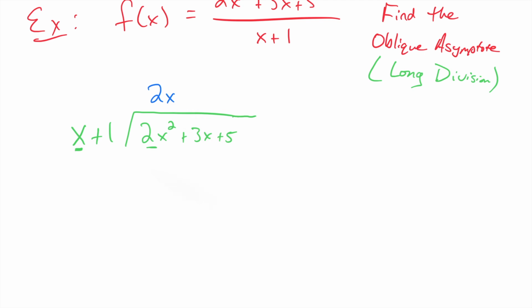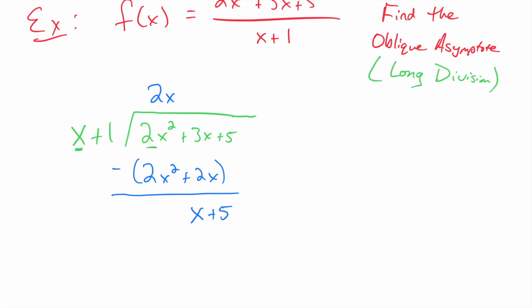So 2x times x is 2x squared. 2x times 1 is a plus 2x. Just like with regular long division that you learned way back in the day, we need to subtract these. Remember, we have to distribute the negative to everything in the blue here. So let's subtract those. 2x squared minus 2x squared leaves us with 0, just like we want. Then we have a 3x minus 2x, which leaves us with a 1x. Then we bring down our plus 5 that remains in that dividend.